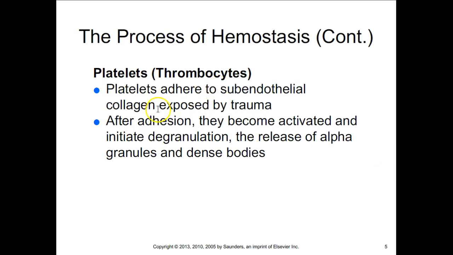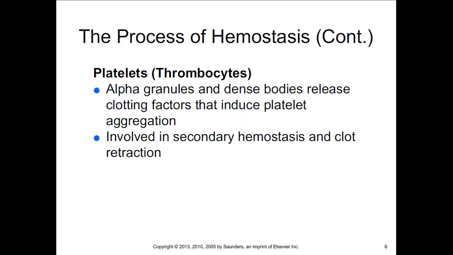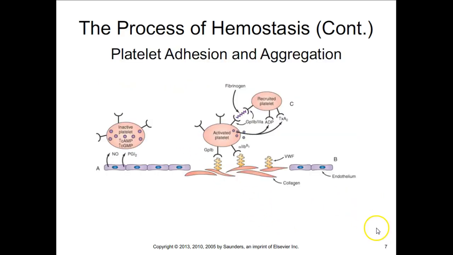Collagen is exposed with trauma to a particular vessel, and that's what the platelets are going to be attracted to. They become activated and degranulate, releasing alpha granules and dense bodies that are going to start to form that platelet plug. Then secondary hemostasis is going to be very important in fibrin formation.